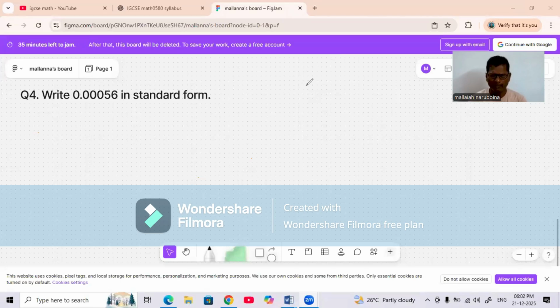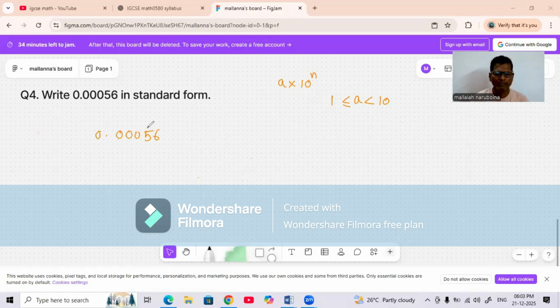Standard form of a number is written as a times 10 to the power of n, where a lies between 1 (included) and 10, starting from 1 and below 10. See, first write the given decimal 0.00056.